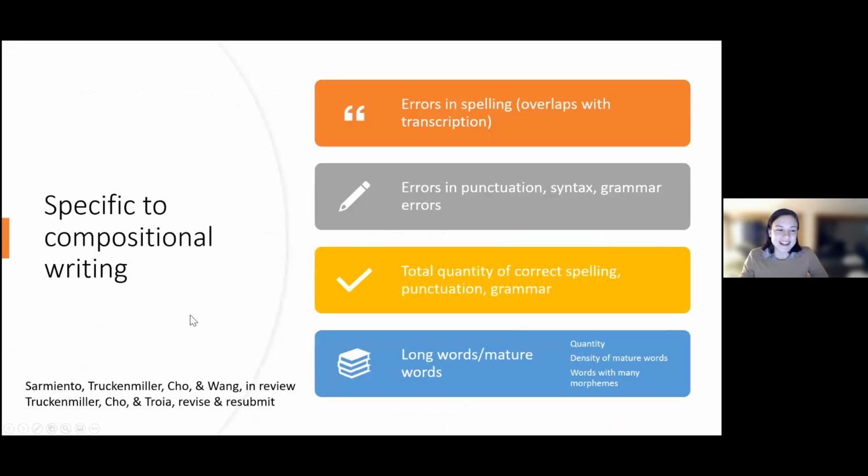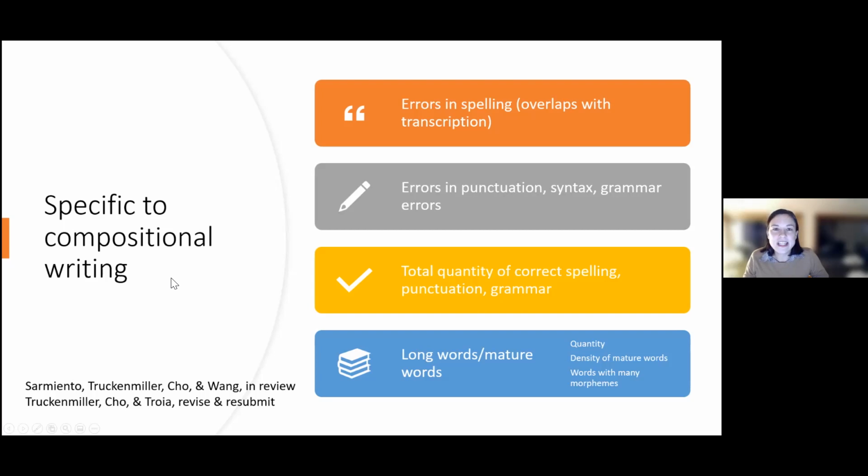So let's look more specifically at written language, when we examine students' written composition, which is what I'm really interested in right now, as well as my doctoral student Cherish Sarmiento, who's on right now, and Julie Bremer is on our advisory committee for this.